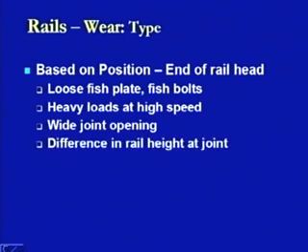Then another aspect which is being observed is the difference in the rail height at the joint. If the two rail sections are not provided at the same level, or because of certain maintenance problems they are now placed at different levels, then two things may happen. If the train is coming from the higher level and the wheel moves on to the lower level, there will be a hogging effect at this location, and because of this hogging effect, the rail section will start bending downwards.